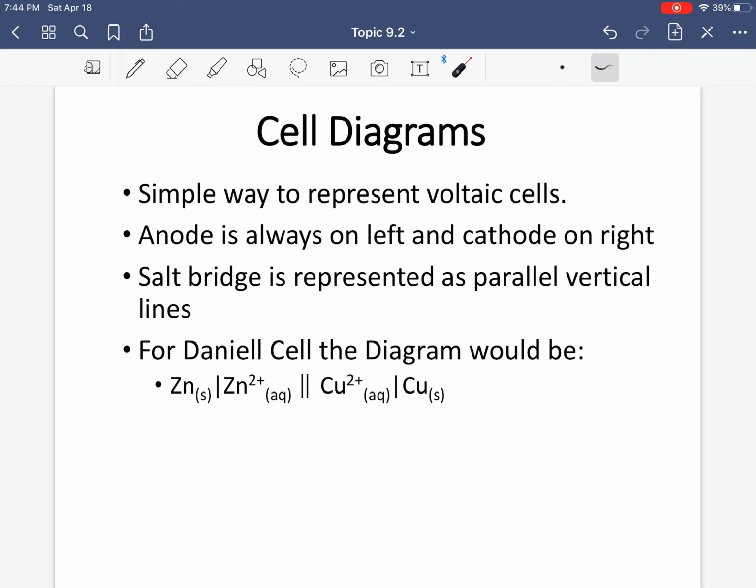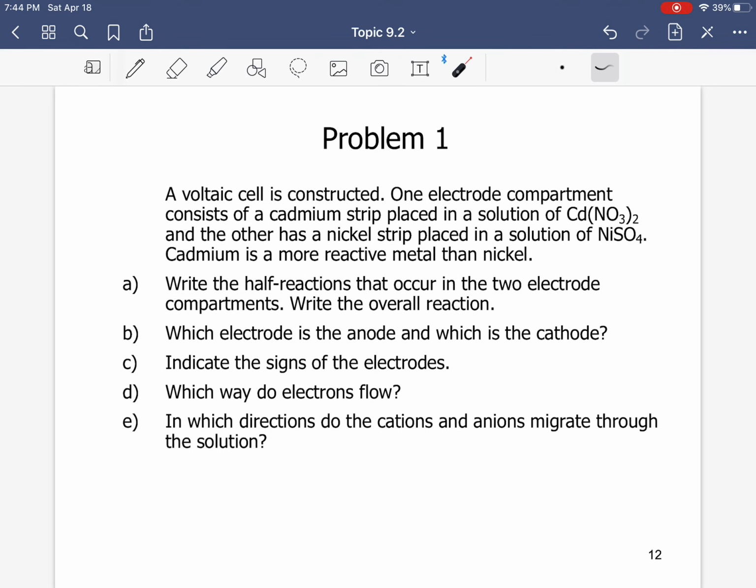If your voltaic cell design is based on the Daniell model, you'll have zinc metal with zinc ion on, of course, the anode side, and on the cathode side, you'll have copper ion and copper metal, showing the oxidation and the reduction. That's how you would illustrate a cell diagram on paper.